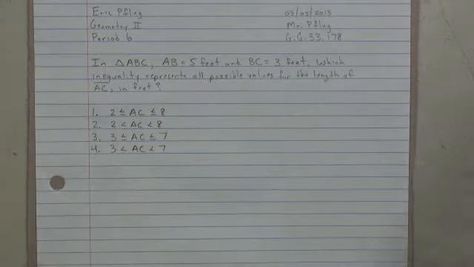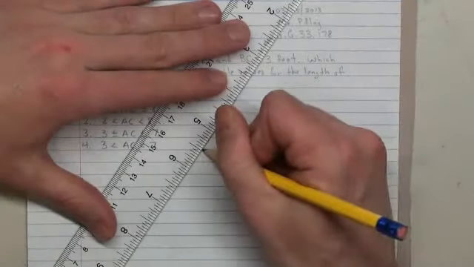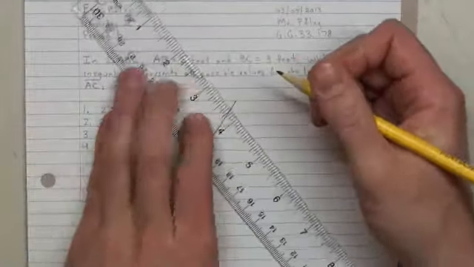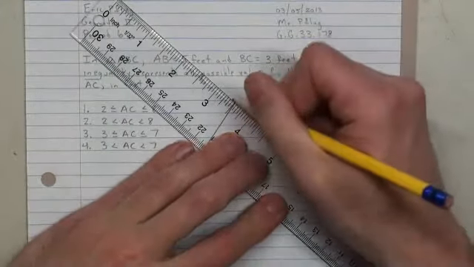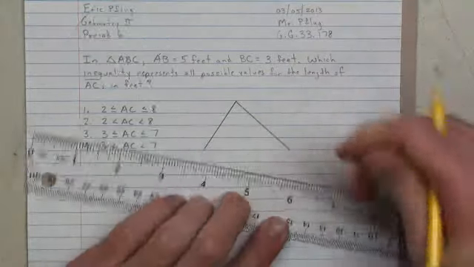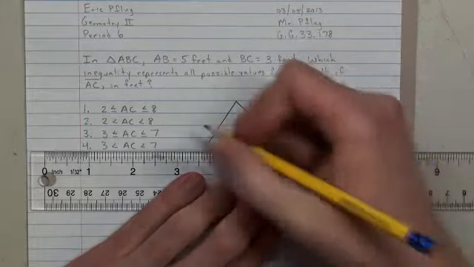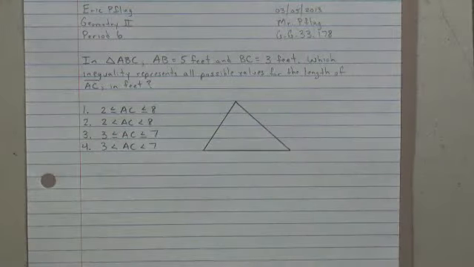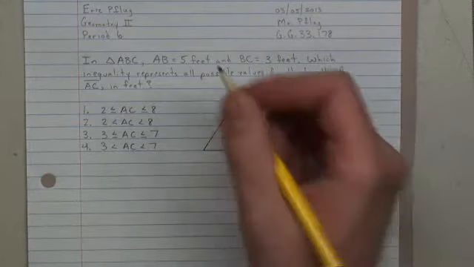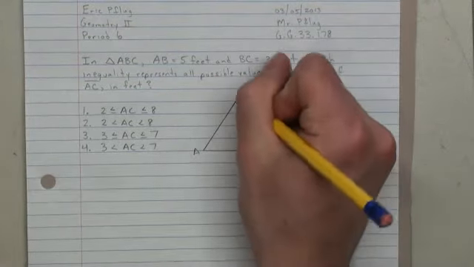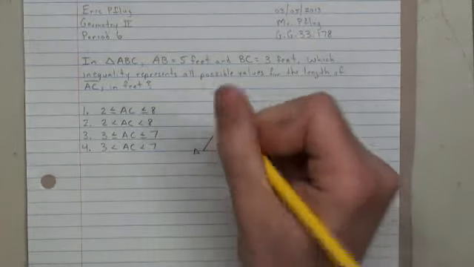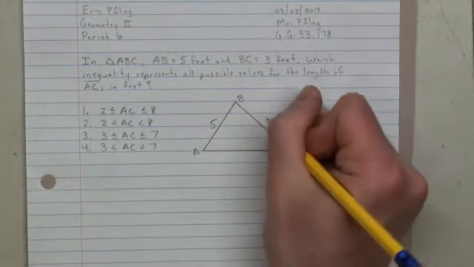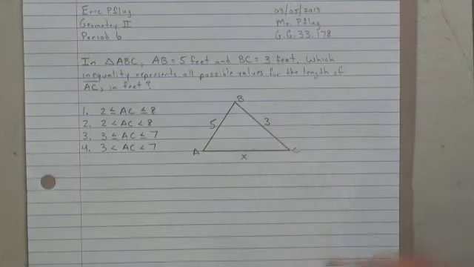So we've got to draw a picture here. I'm just going to draw a triangle. It doesn't matter what it looks like, but we do need to draw a triangle. Let's say this is A, this is B, this is C. AB is 5, BC is 3, and AC is x.